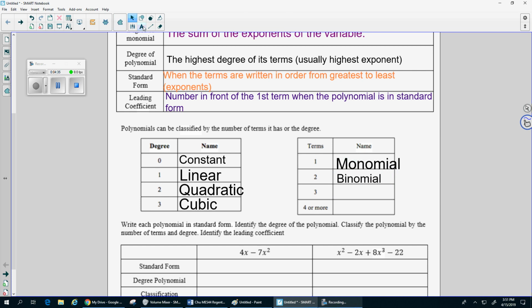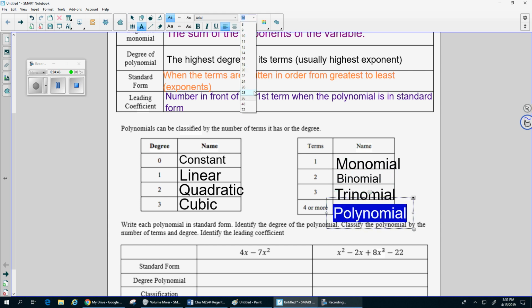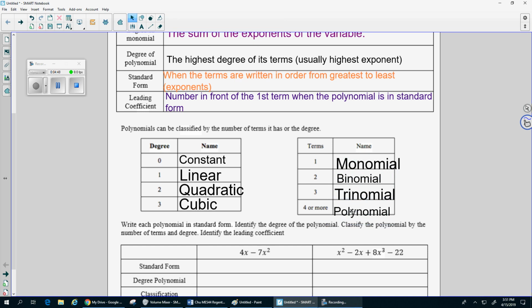If a polynomial has 3 terms, we call that a trinomial. And we don't have any more specific names for 4 or more, so those are just known as polynomials. So again, we call all of these polynomials as we walk through this worksheet, but some of these just have more specific names.